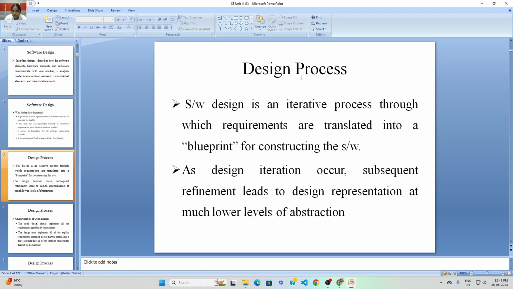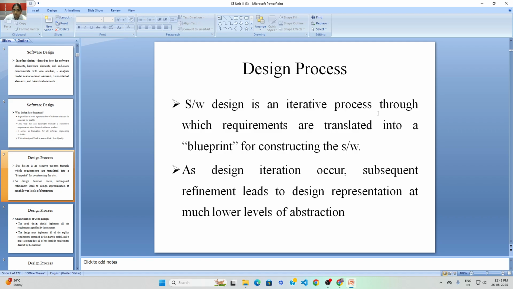Then the design process. Next, how the design is going to be in the process. After designing that, any document, at that time how the process is done. Software design is an iterative process in which requirements are translated into the blueprint for constructing the software.